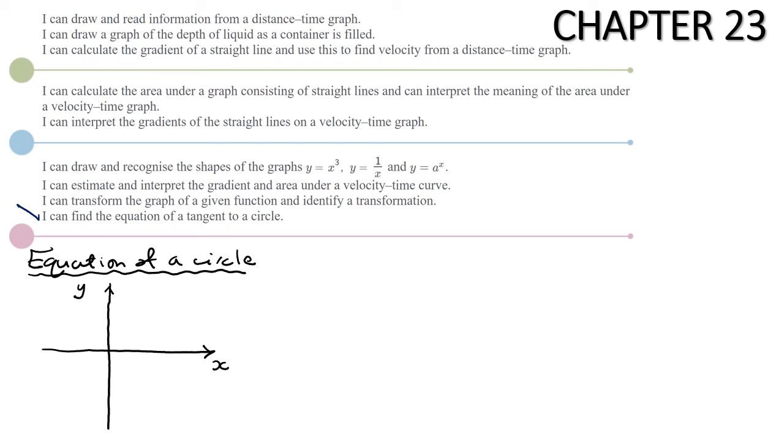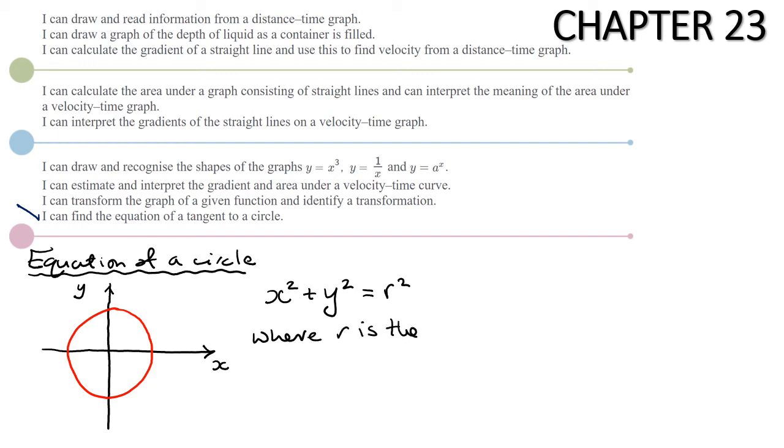So it's going to be a circle something like this, and the equation of a circle is x squared plus y squared equals r squared, where r is the radius. So the radius of the circle would be r.